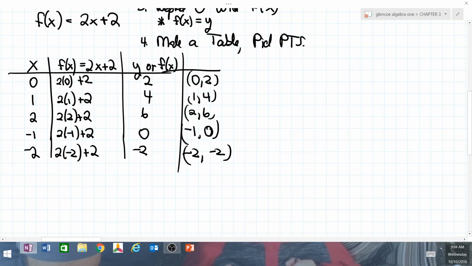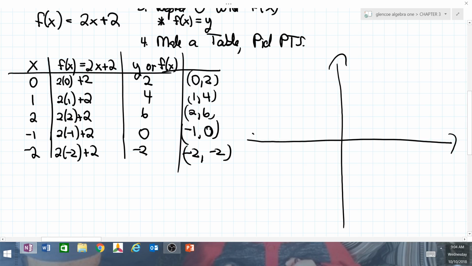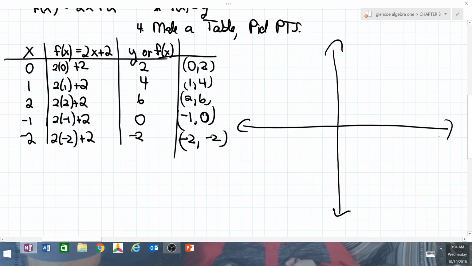So what do you think we should do after we made the table? Now we should graph it. What you're looking for is where this graph is going to cross or touch or intercept the x-axis. That is the 0 of your graph. Okay? So let's go ahead and graph our points. The first point is (0, 2).